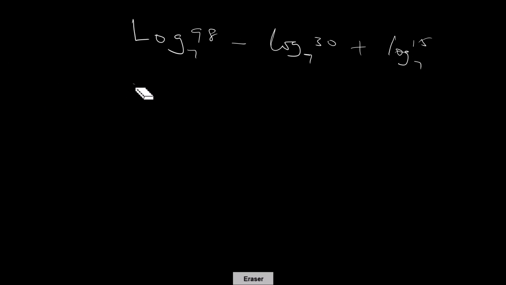Let's look at this example. We have a quotient, then we have a product. Let's apply the laws. We have a quotient, that is division, and the bases are equal, so I can write 98 over 30.